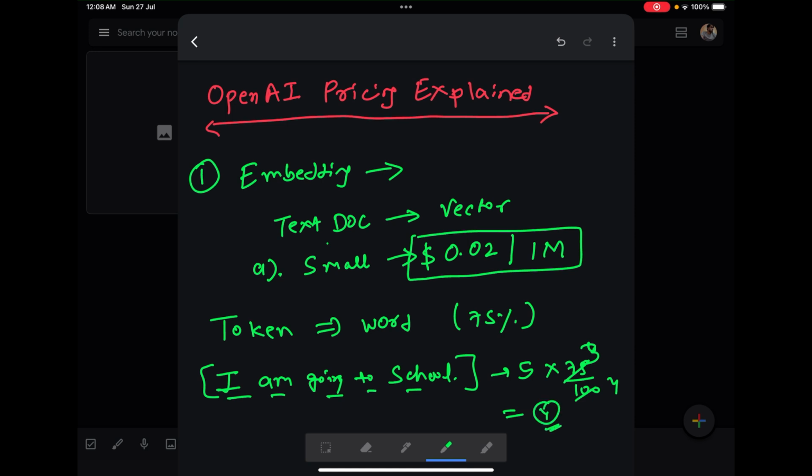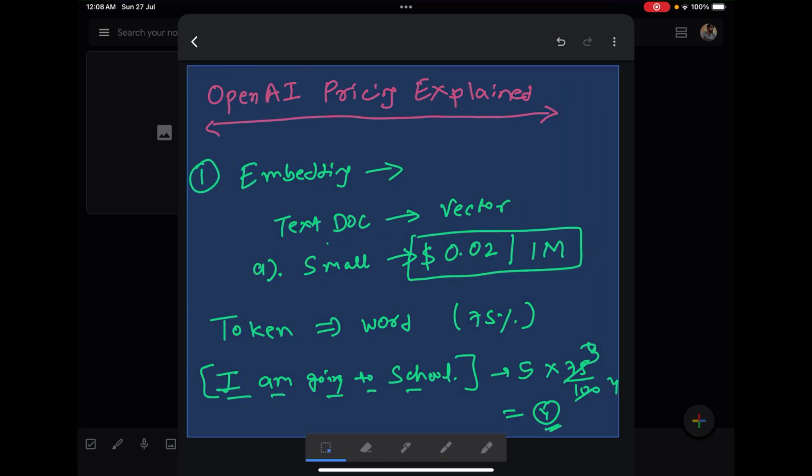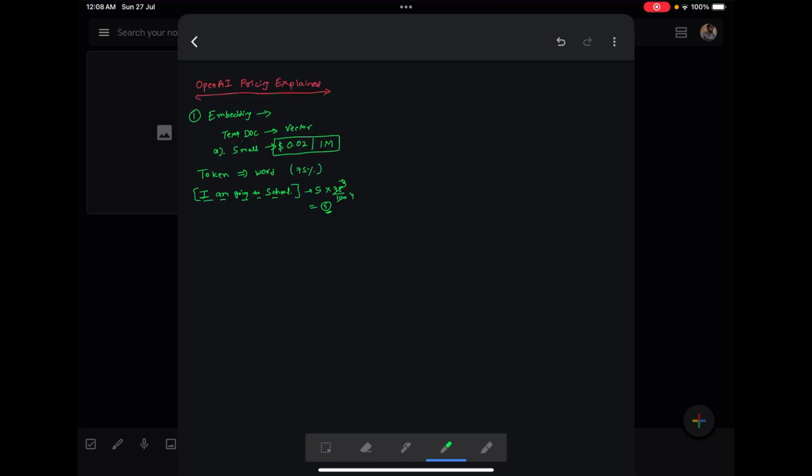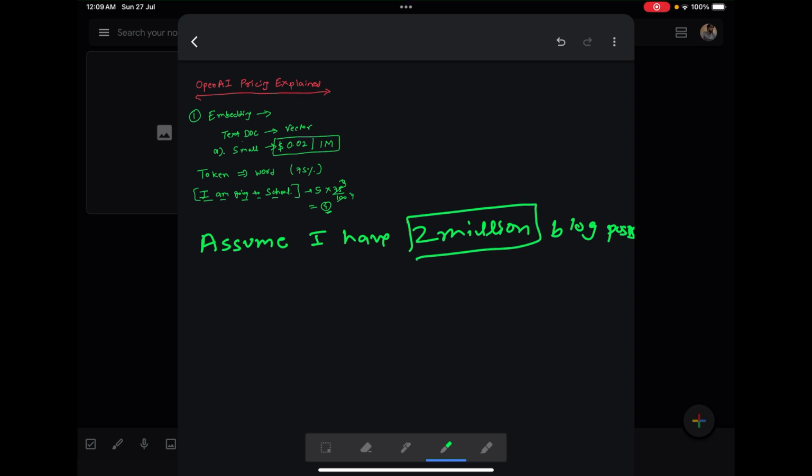All right, now let's try to understand the pricing by taking one example. Suppose I have 2 million documents, or maybe I would say 2 million blog posts, and my use case is telling me to take these 2 million documents, which must be stored in some sort of database.